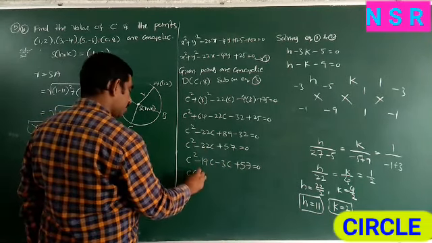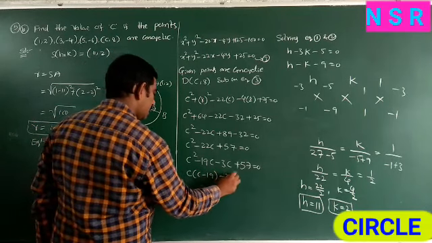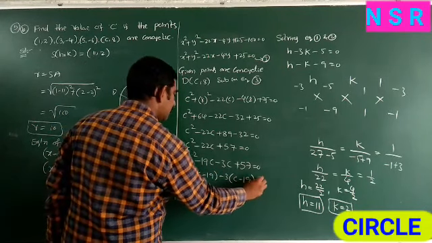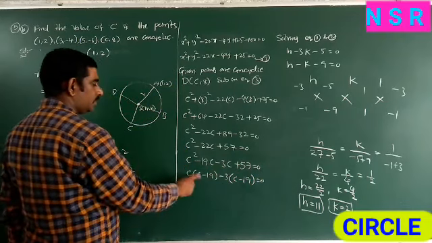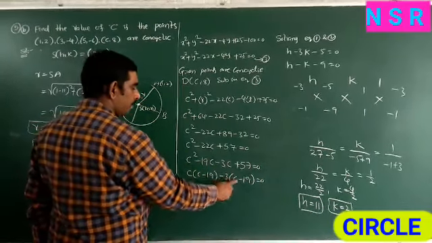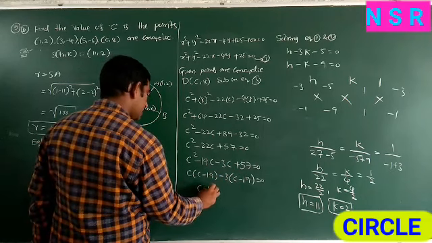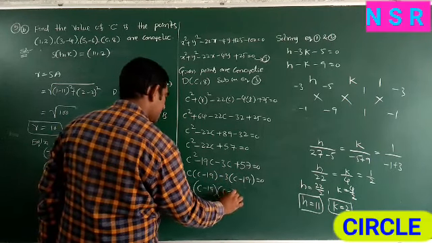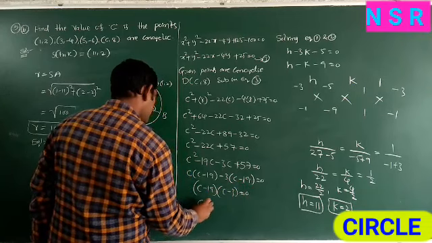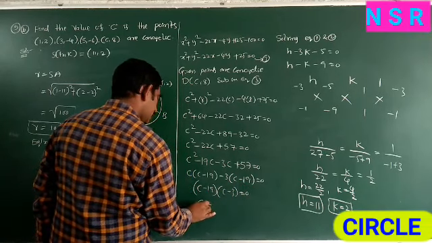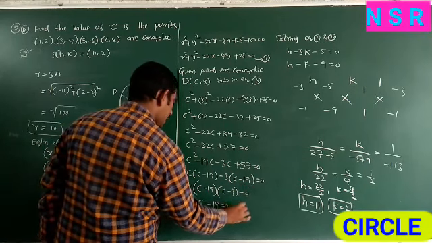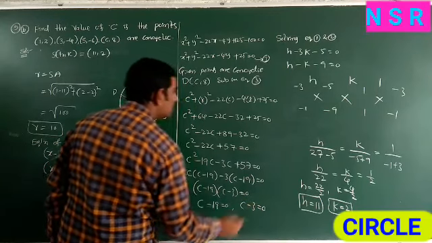Now take c as common: c into c minus 19, c square minus 19c minus 3c, minus into minus plus, 19 3s are 57. So c minus 19 and c minus 3 equal to 0. So c minus 19 equal to 0 and c minus 3 equal to 0.